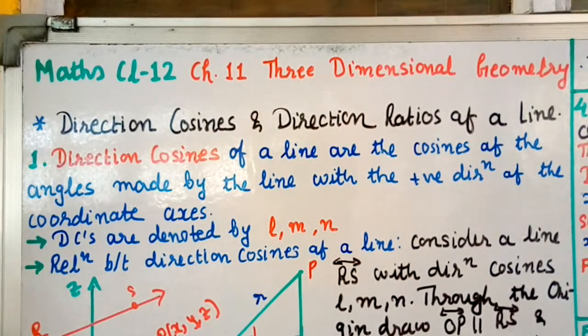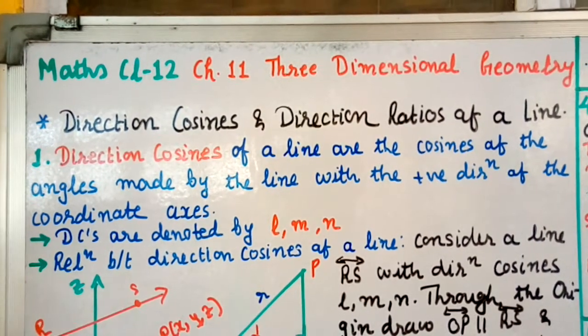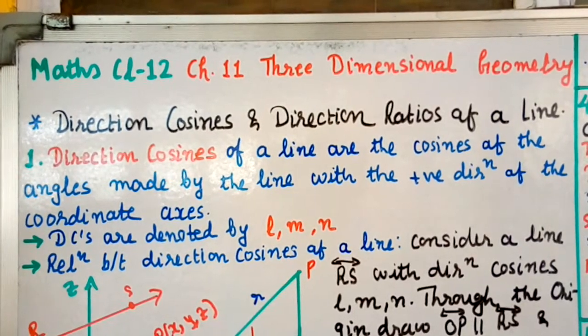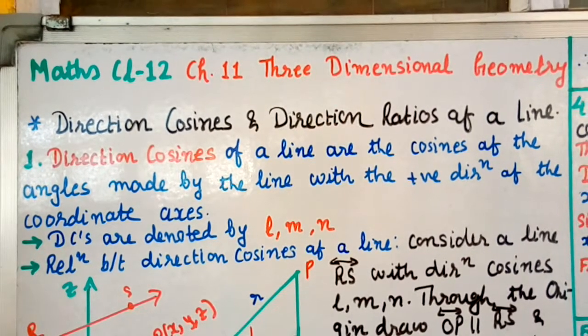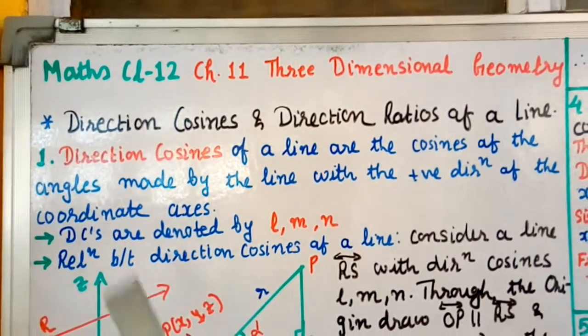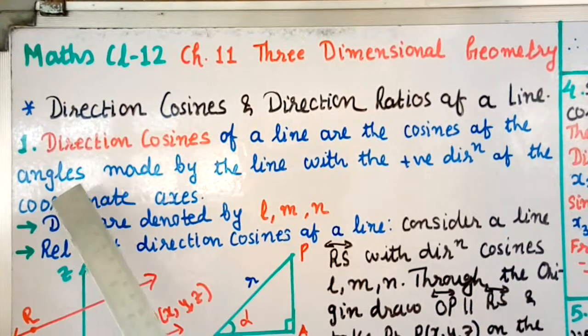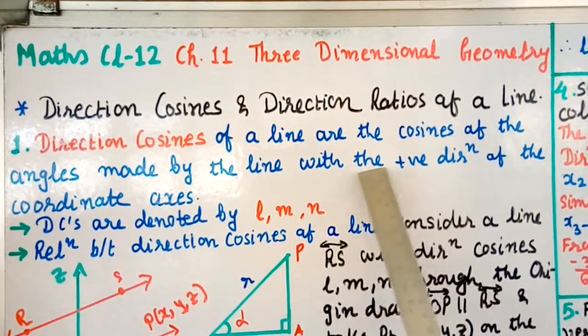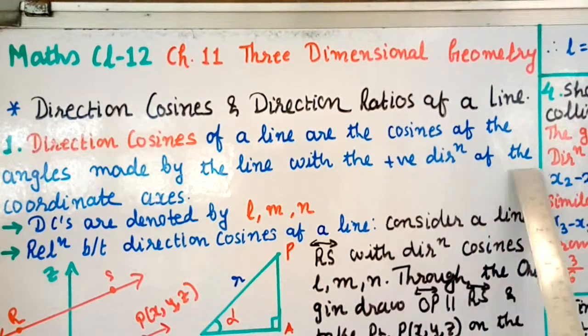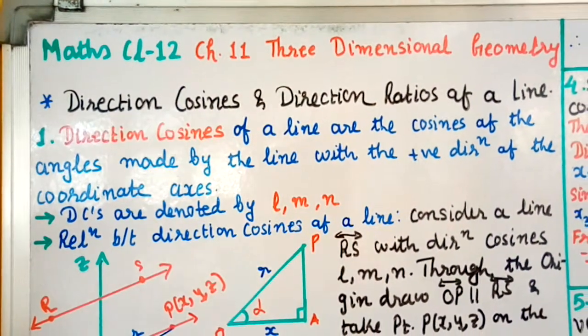Suppose a line makes the angles alpha, beta and gamma with the positive x, y and z axis. Then cos alpha, cos beta and cos gamma are the direction cosines. Now we rewrite the same definition: direction cosines of a line are the cosines of the angles made by the line with the positive direction of the coordinate axes. The coordinate axes are x, y and z axis.